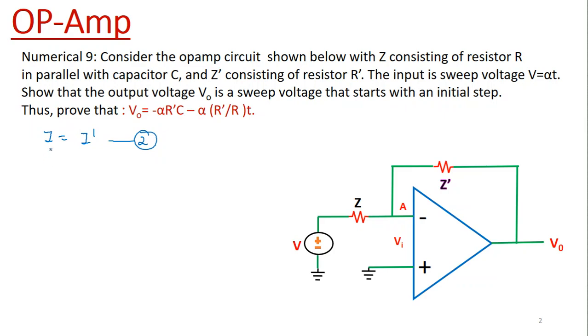Now we have to find out I and I dash, and we put them in equation number 2 to find the output voltage equation. So here I is flowing through Z and I dash is flowing through Z dash. So what is Z?